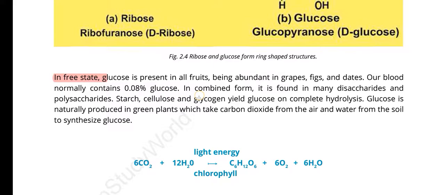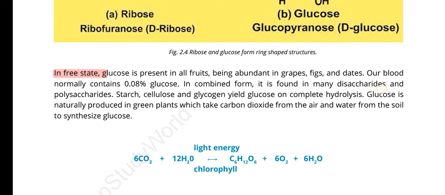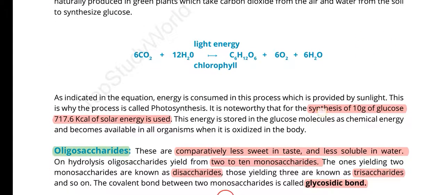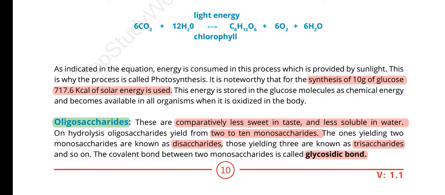Starch, cellulose, and glycogen yield glucose on complete hydrolysis, and for the formation of 180 gram of glucose, 717.6 kilocalories of solar energy is used. This energy is stored in the chemical bonds, the C-H bonds present in glucose, and will be used for ATP production.